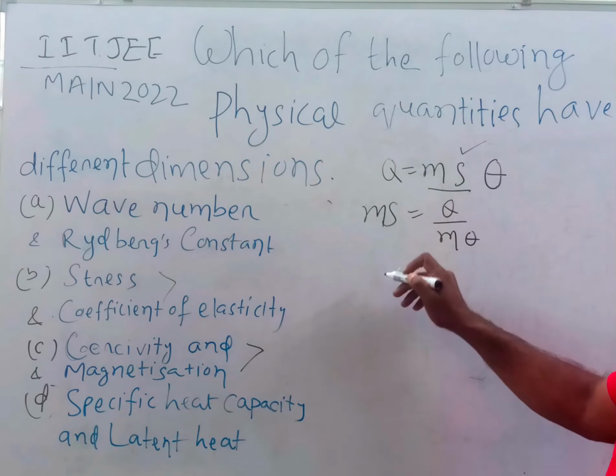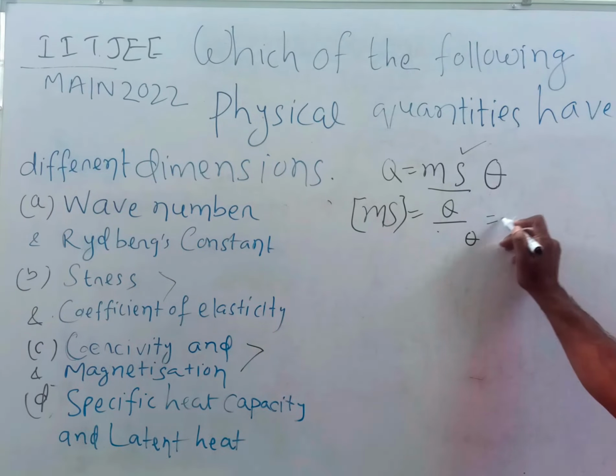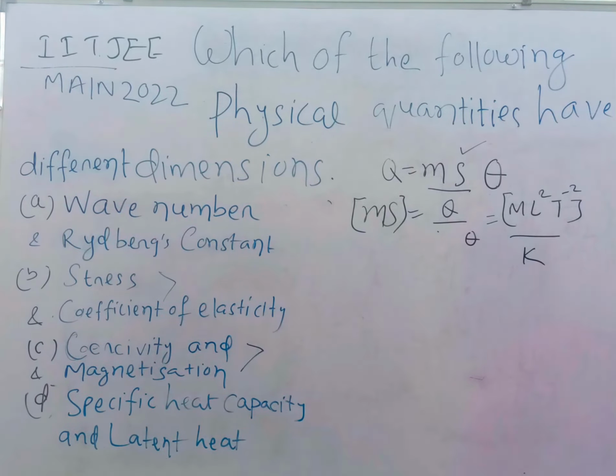So ms will have dimensions Q by theta, and that is equal to, student, M L^2 T^-2, since heat is a form of energy we know, and theta is in Kelvin. Then this becomes M L^2 T^-2 K^-1. This will be the dimensions of specific heat capacity.